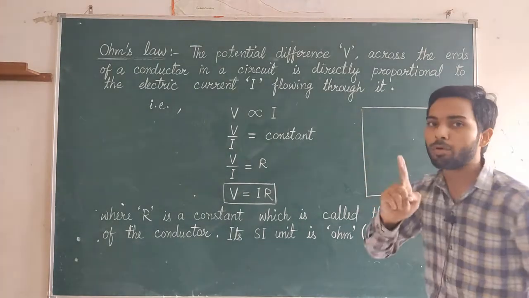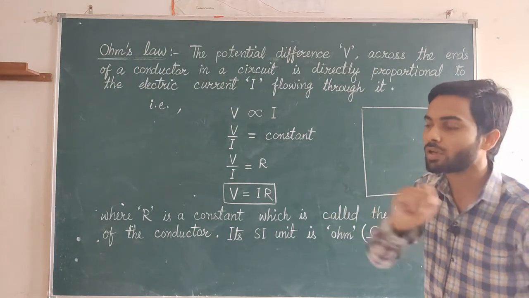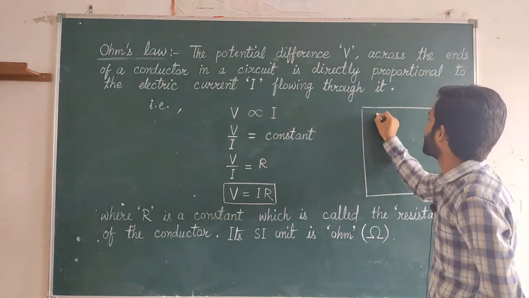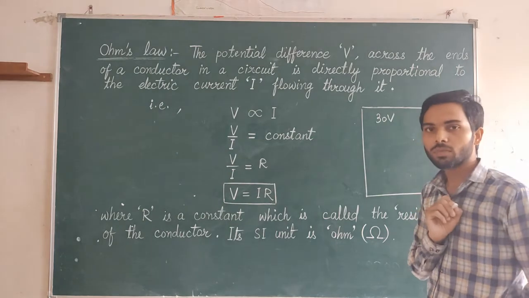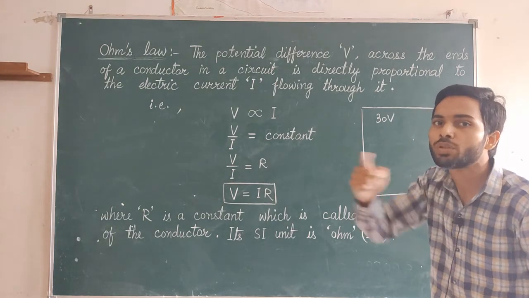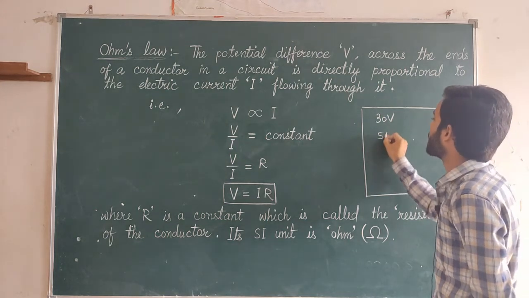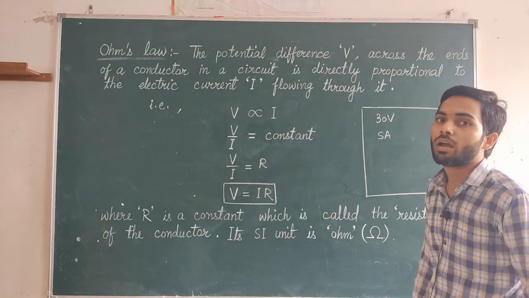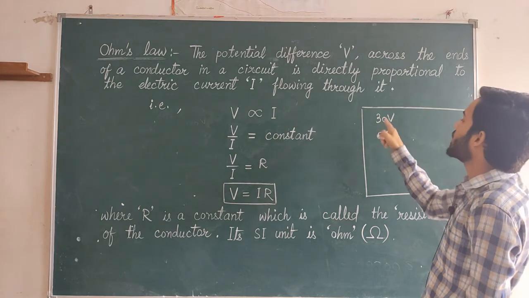Suppose the potential difference across the terminals of a conductor is 30 volt, and the amount of current flowing through the conductor is 5 ampere. So what will be the ratio of potential difference to the current?